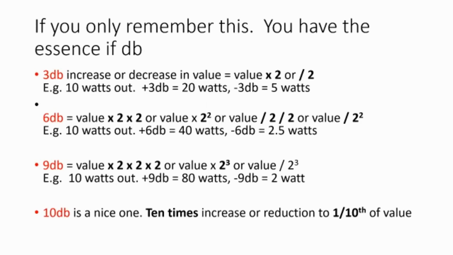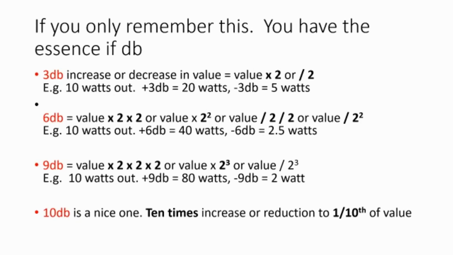So in that case, 10 watts out, if we had an antenna with 6 dB of gain and we're measuring our ERP, we would have an ERP of 40 watts. If we had 10 watts out going into, say, a dipole, and we had coax cable that had 6 dB loss, we would only have 2.5 watts getting to the cable.